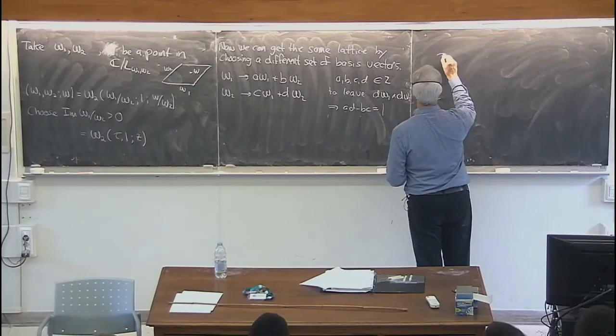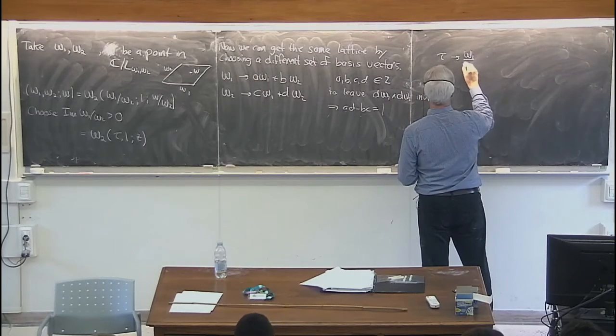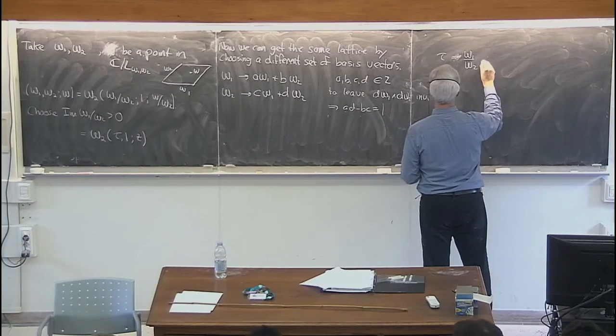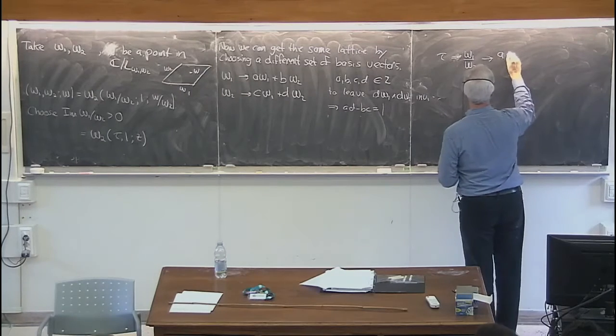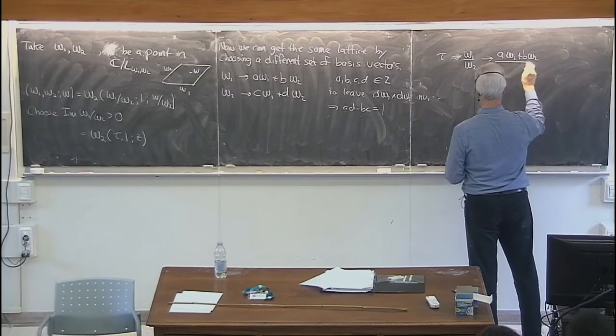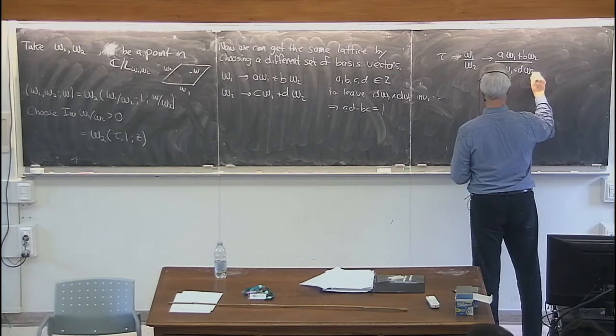And the answer is, well, tau is equal to omega 1 over omega 2, and it goes to A omega 1 plus B omega 2 over C omega 1 plus D omega 2 under this transformation.